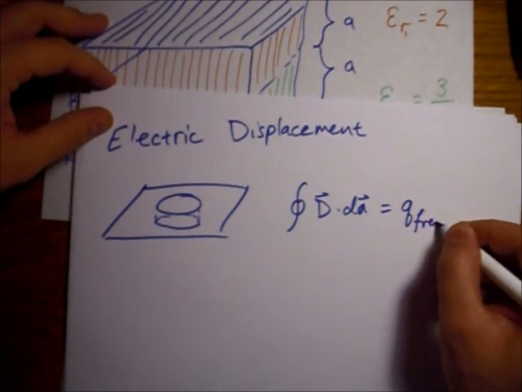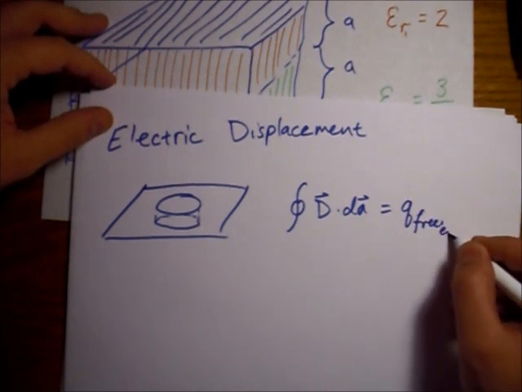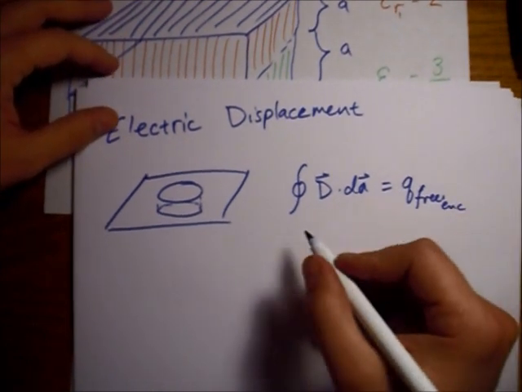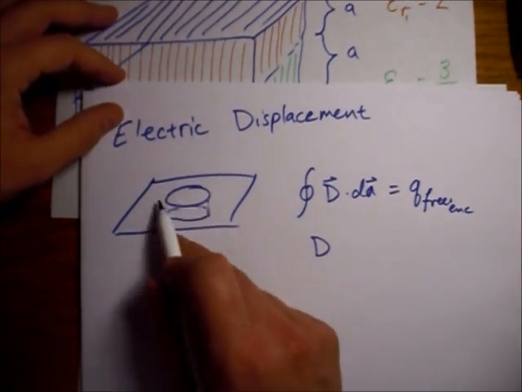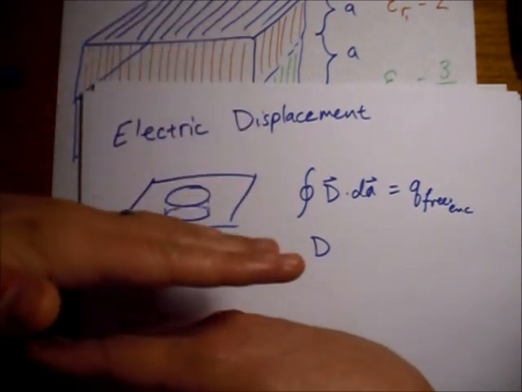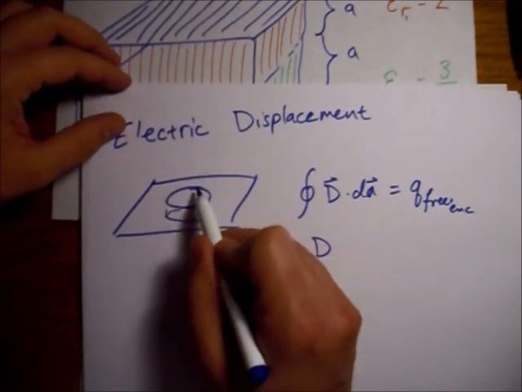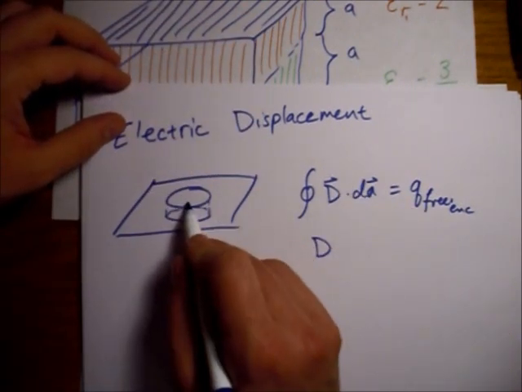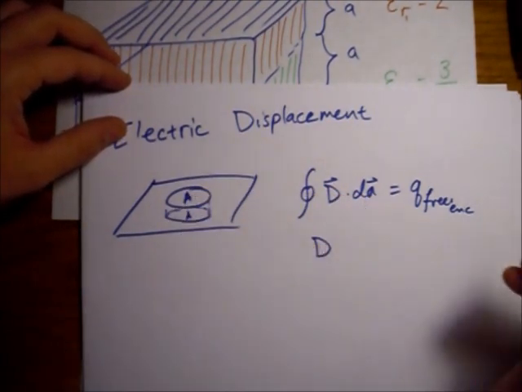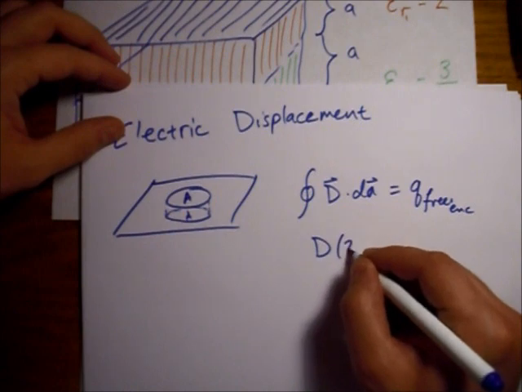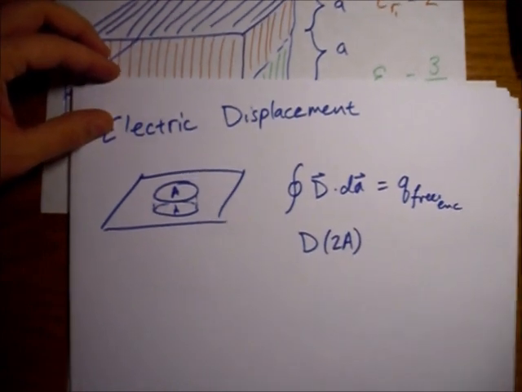This is the free charge enclosed. As we squeeze the Gaussian pillbox down tight, the surface area is just A for the top and A for the bottom. So we just get a 2A here.